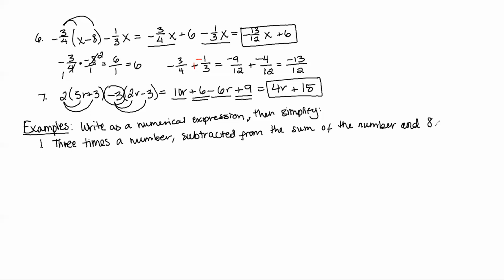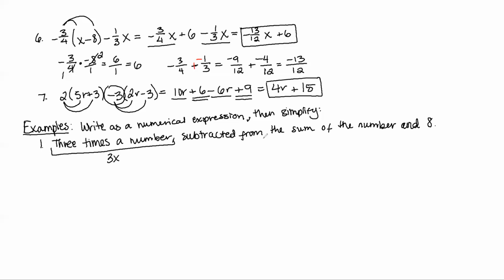All right, so it's an expression, so there's not going to be an equal sign to look for. So let's go ahead and break this down. 3 times a number, you can pick any variable you want for the number. I'll usually just pick x. 3 times it means we're multiplying it by 3, so this is 3x.